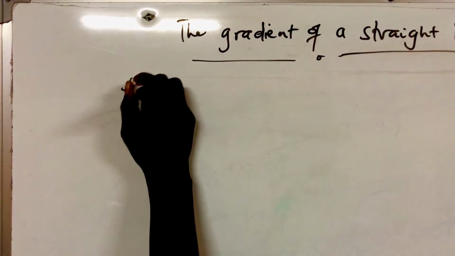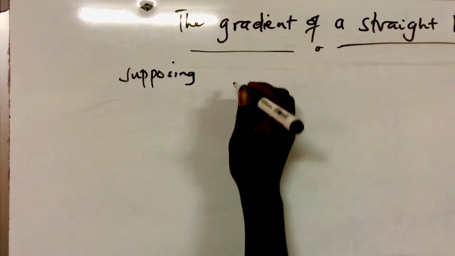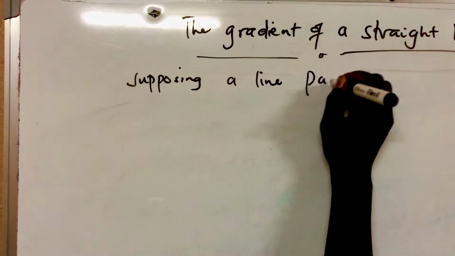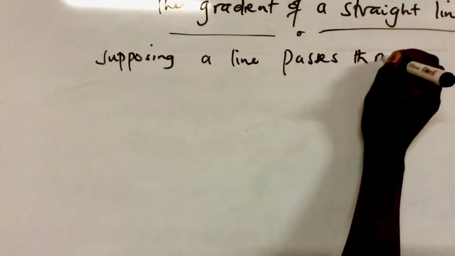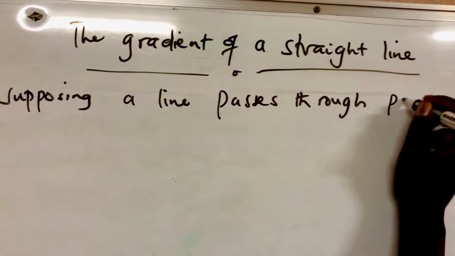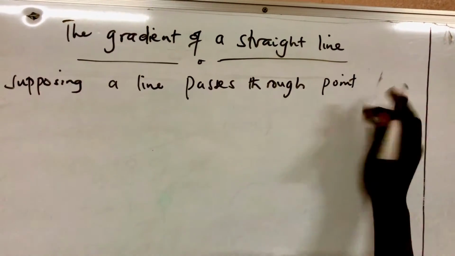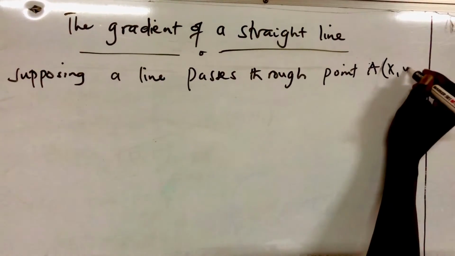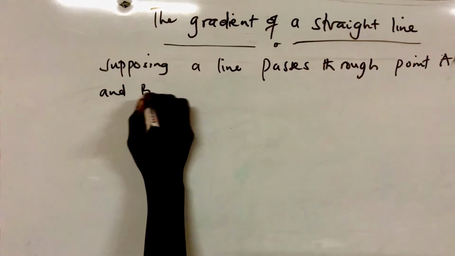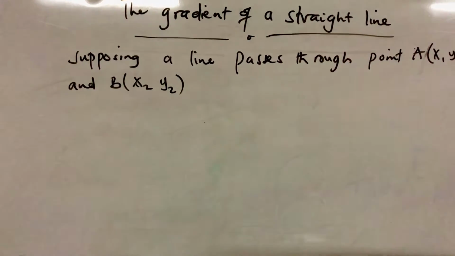Supposing a line passes through a point A, which is x1, y1, and B, which is x2, y2.